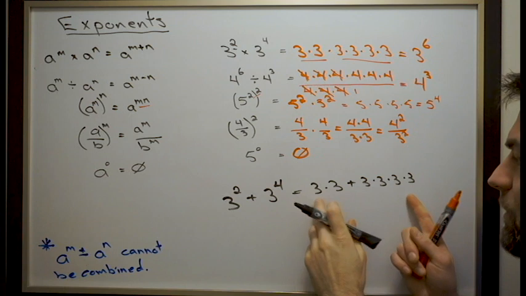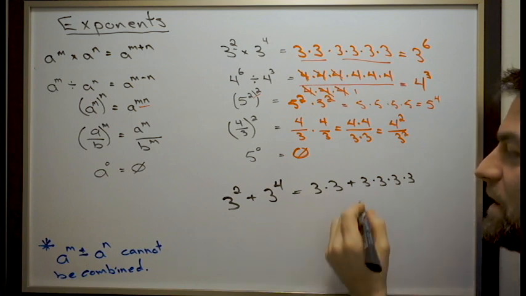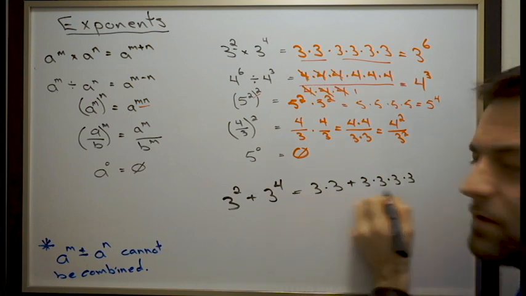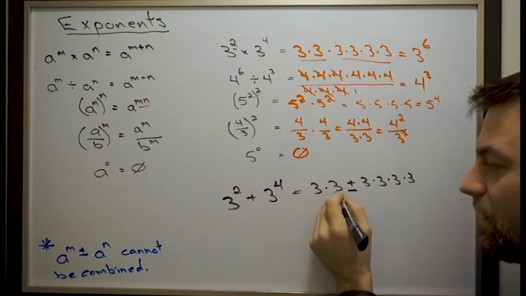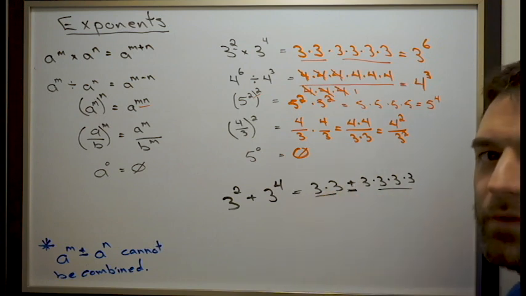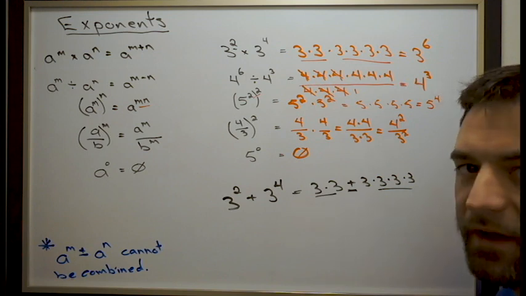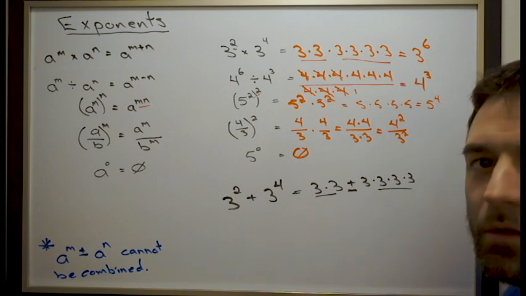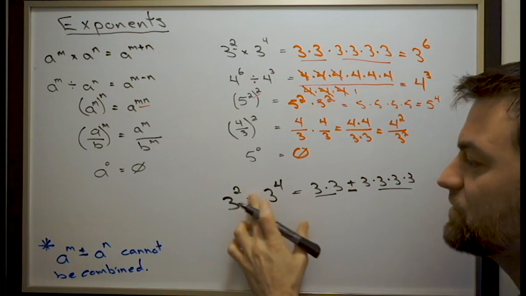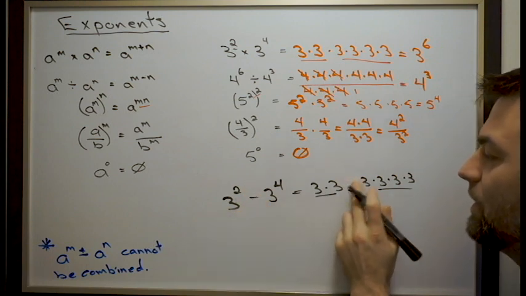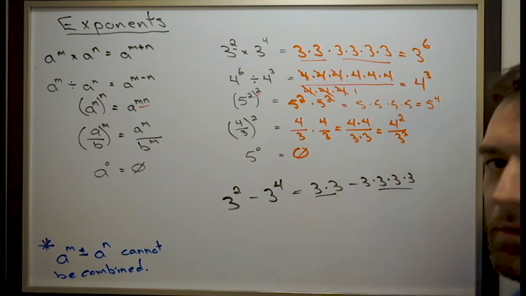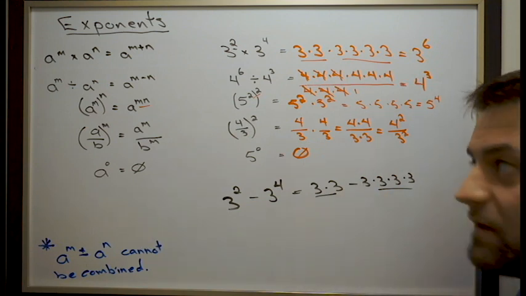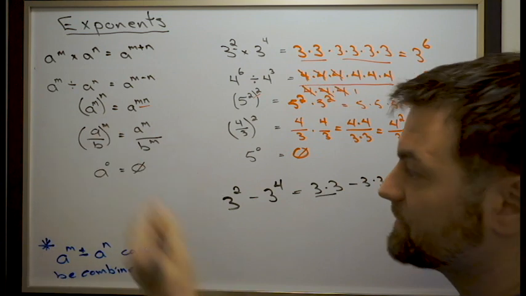Well, we can't just say that's 3 to the power of 6, because we're not multiplying those out. Right there we have that addition sign, so those are separated by that addition sign and can't be combined. The same is true if we're subtracting. If we change that to a subtraction, that equation stays the same. It's still separated by that minus sign.